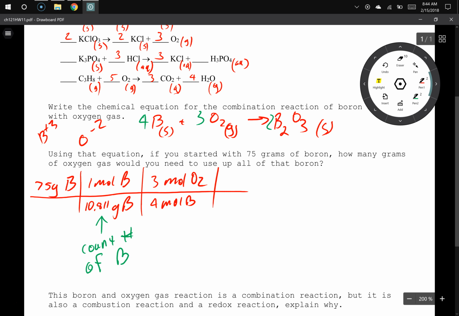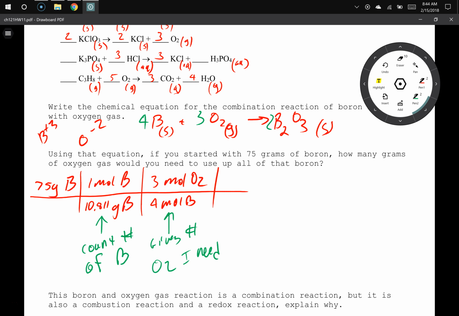So what's this second step do for us? It gives me the number of O2 I need. The actual count of the number of oxygens I'm going to need for this reaction.